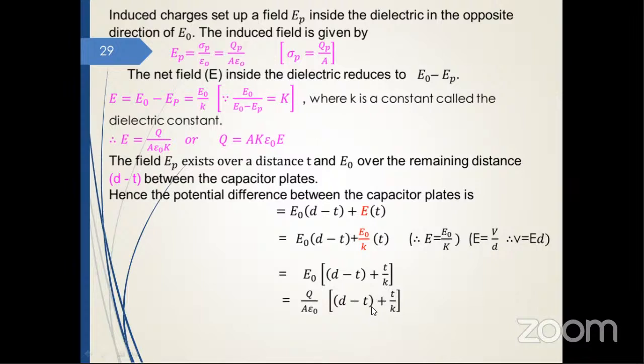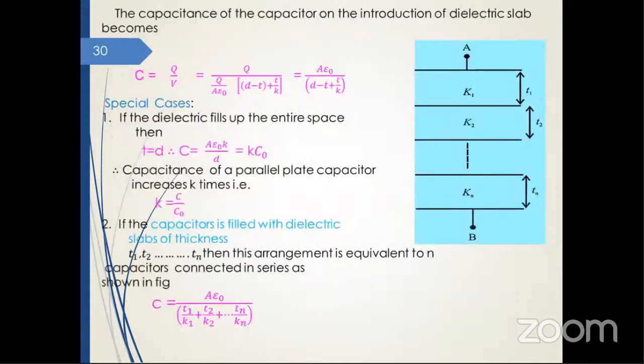That means when you introduce the dielectric in a given plate like this, finally we are going to obtain the capacitance when you introduce a dielectric slab between them.